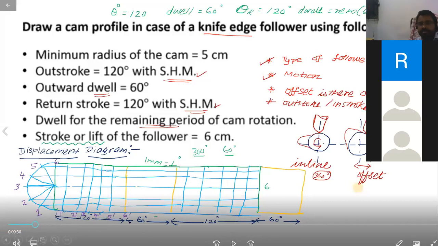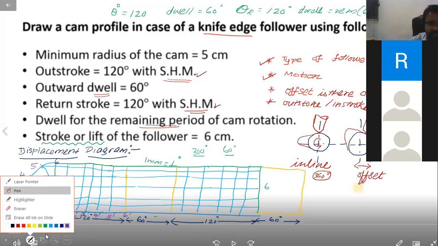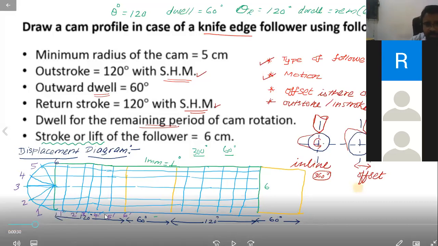Okay, have you finished up to this? Hope you have finished up to this. Yes, sir. So now you spot the point where 1 is intersecting with 1 dash, 2 and 2 dash, 3 and 3 dash, 4 and 4 dash, 5 and 5 dash, 6 and 6 dash.